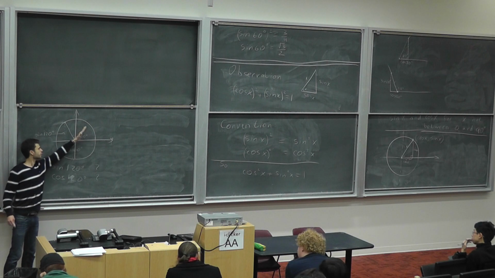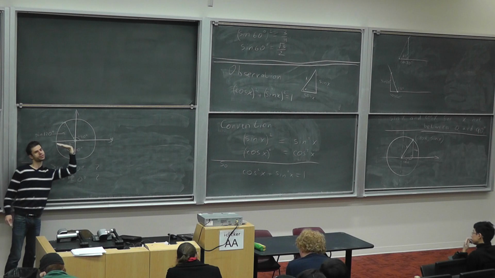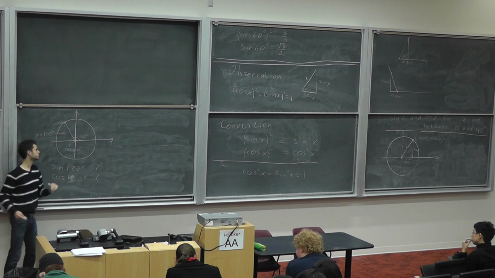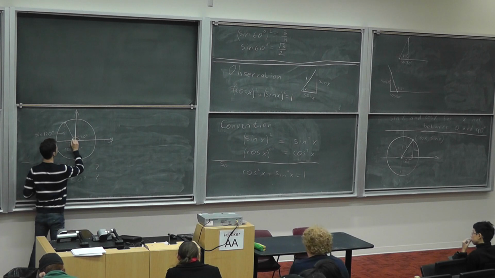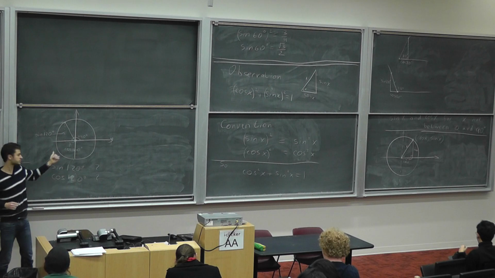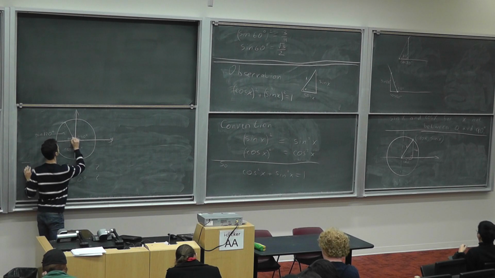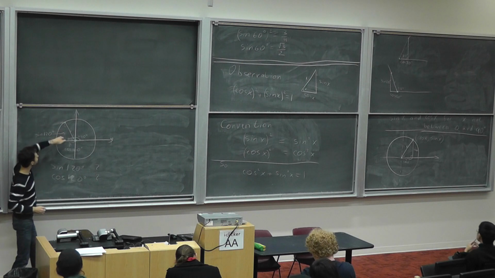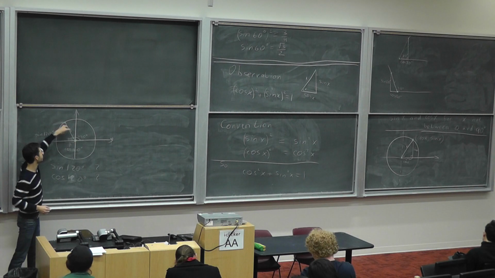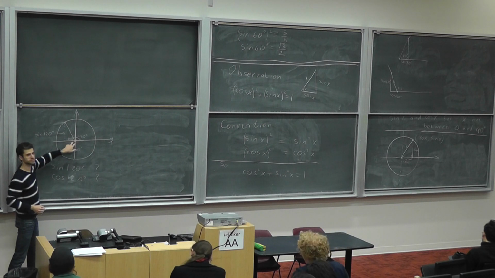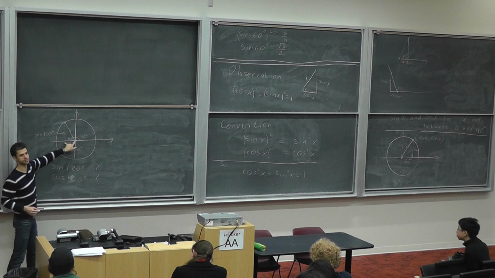If you go from here all the way to here, it's an angle of 180 degrees, an open angle. So the remaining part, this thing is what? 60 degrees. So right here, I have a right angle triangle with side length of 1, angle of 60 degrees.